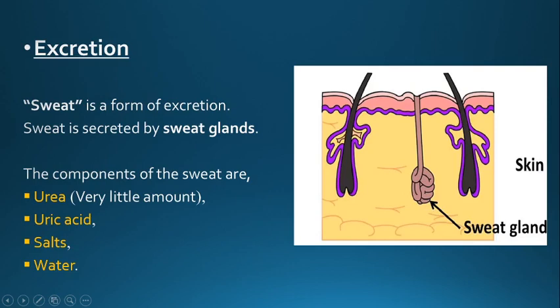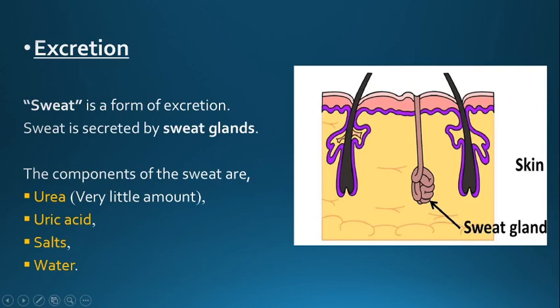The last function we are going to discuss about the skin is excretion. If you can remember from the first part of this human organ systems lesson, we discussed this excretion. Excretion means removing the excess and unnecessary products inside our body because they are very toxic to us. So skin is also an excretory organ.